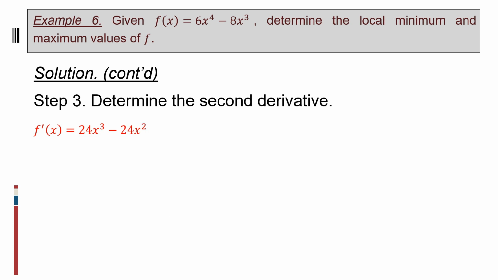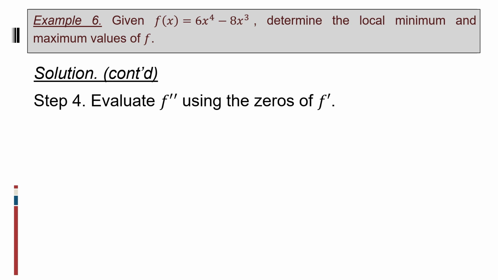Then next, we determine the second derivative. We know that the first derivative is 24x cubed minus 24x squared. So our second derivative is 72x squared minus 48x. Then for our fourth step, we evaluate the second derivative using the zeros of the first derivative.